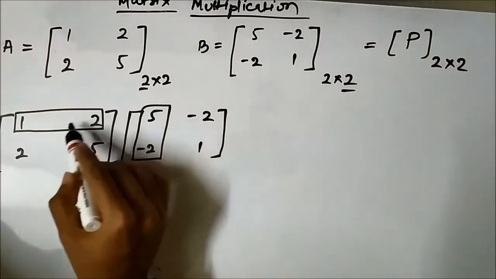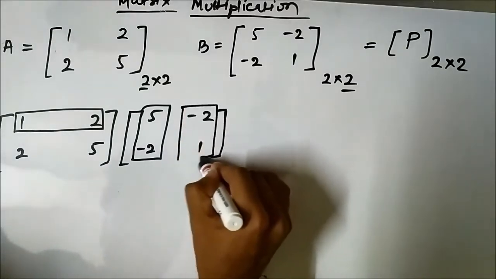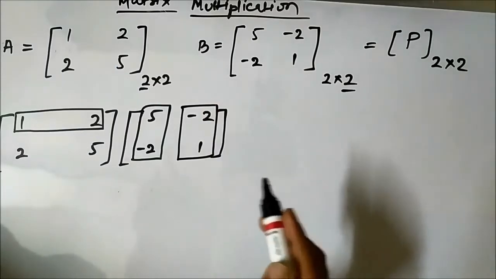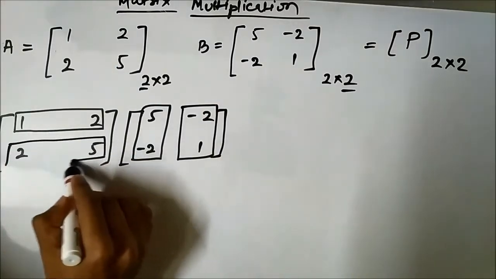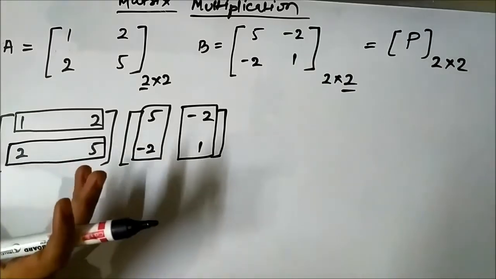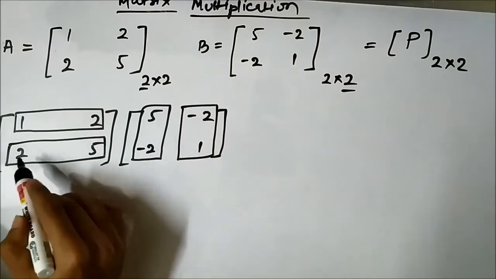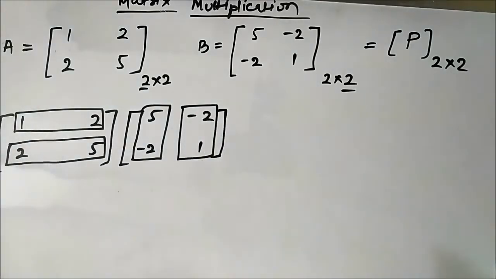Then this row matrix is multiplied with the column matrix minus 2, 1. Then the second row, 2 cross 5, which you treat as a row matrix, is multiplied with the column matrix 5 minus 2. Again this row matrix 2, 5 is multiplied with the column matrix minus 2, 1.